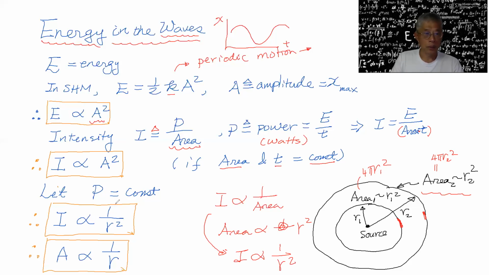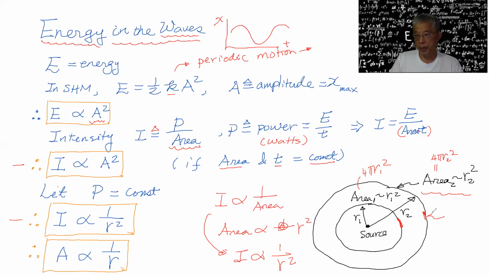If you look at these two, I is proportional to A squared and I is proportional to 1 over r squared. So A must be proportional to 1 over r. As the distance or radius is increasing, your amplitude becomes smaller.